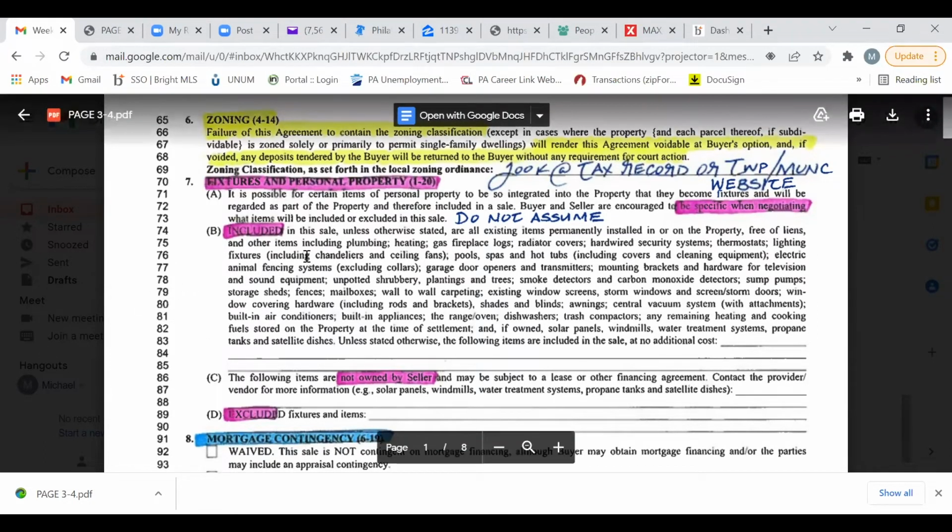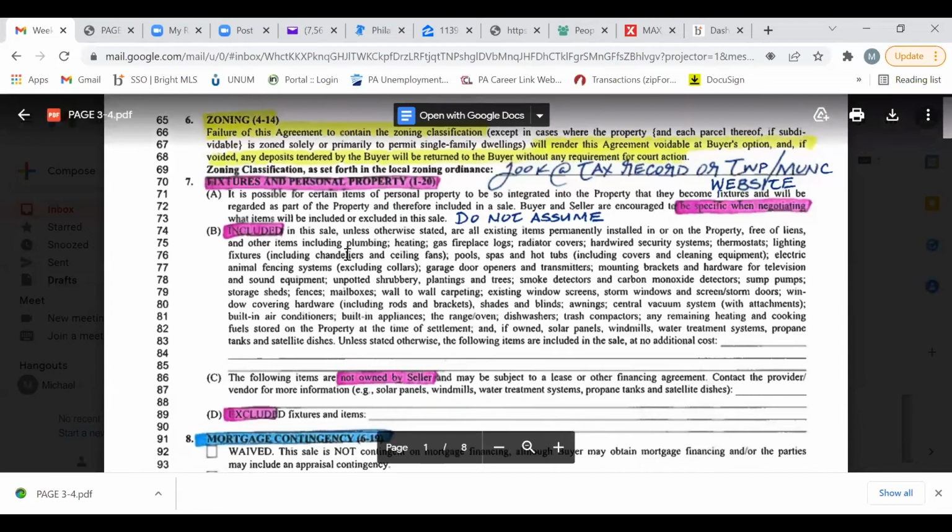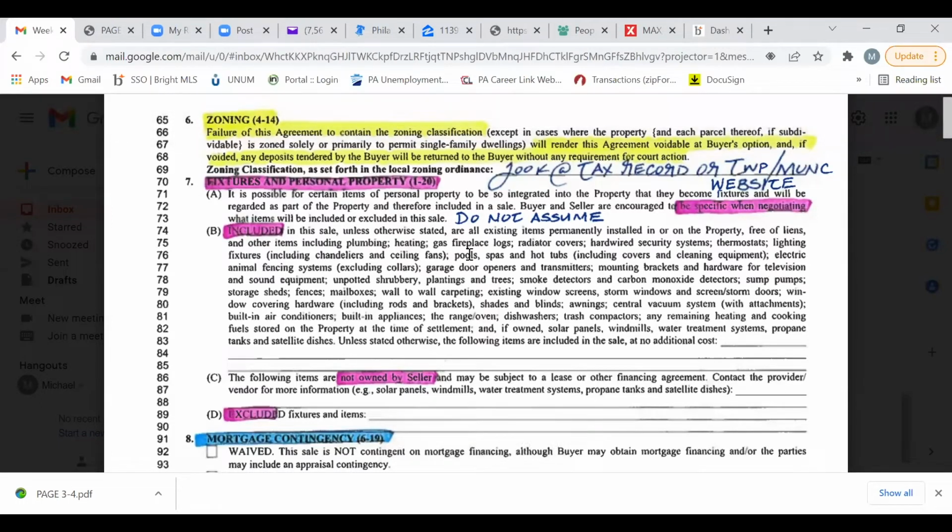Included items that are free of liens are plumbing, heating, gas fireplace logs, radiator covers, hardwired security systems, thermostats, lighting fixtures that include chandeliers and ceiling fans, pools, spas, and hot tubs, including covers and cleaning equipment, electric animal fencing systems, but not the collars.